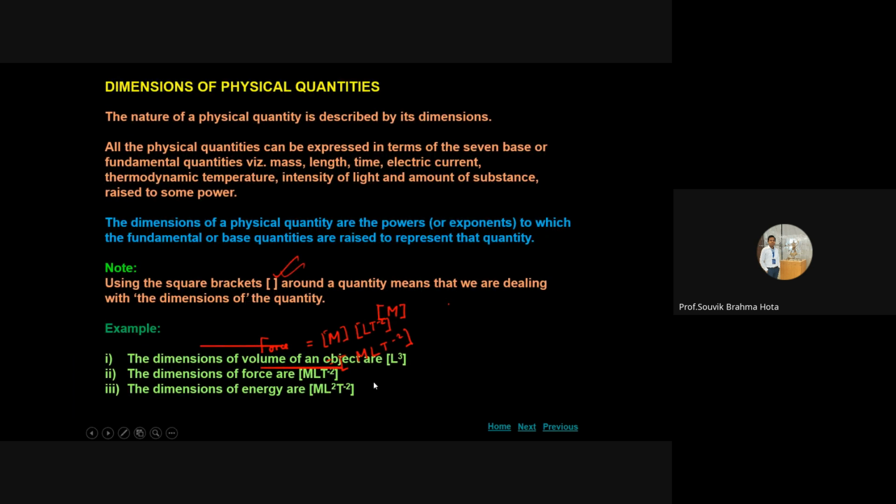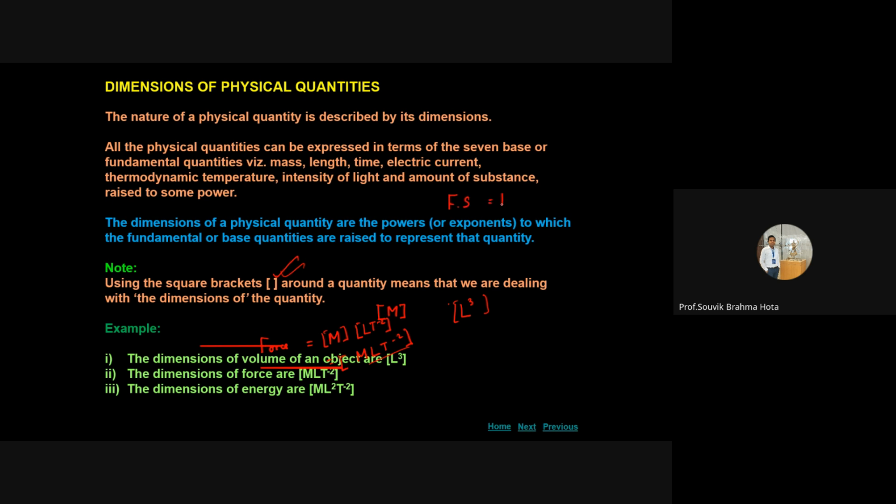The dimension of volume is what? L cube, meter cube, so L cube. Force, I actually wrote it. Energy is near to the work done, and work done is what? Force into displacement.